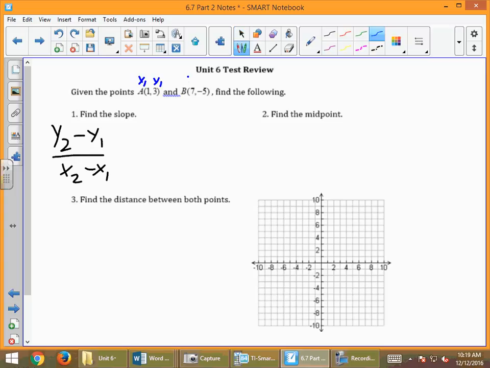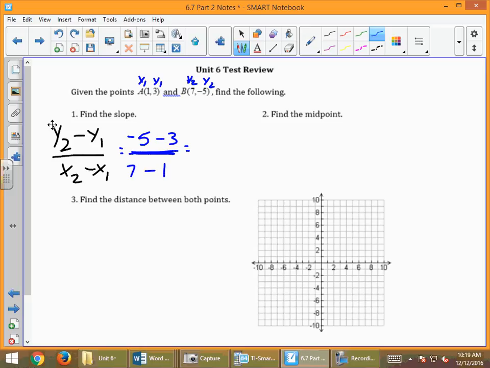x1, y1, x2, y2. When we plug those values in, what's our top going to look like? Yeah, -5 minus 3, y2 minus y1. What's our bottom going to look like? 7 minus 1, x2 minus x1.